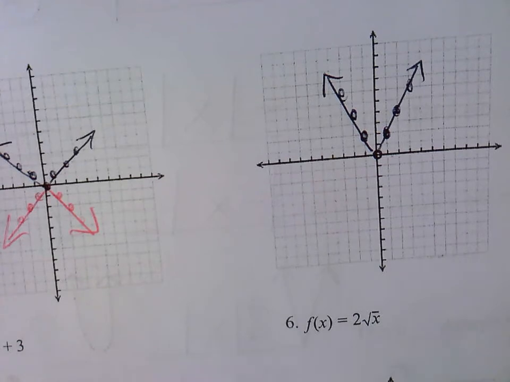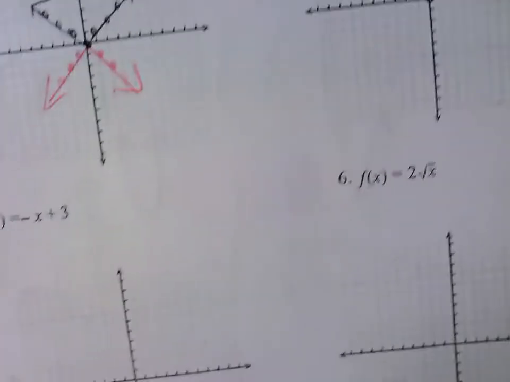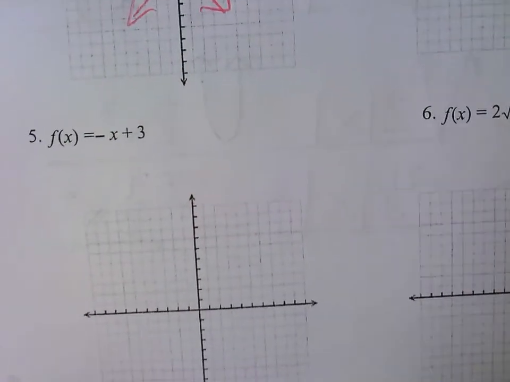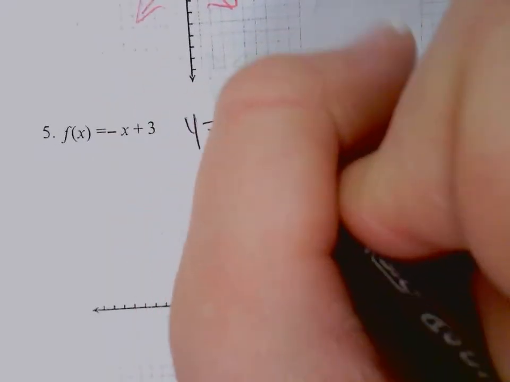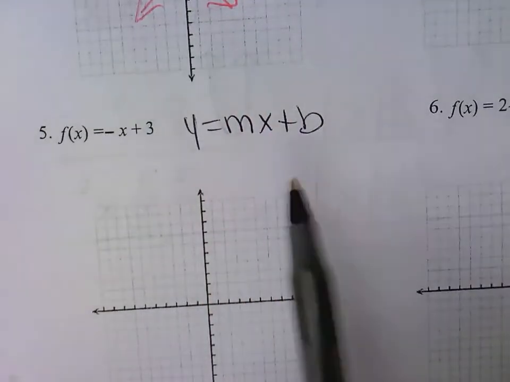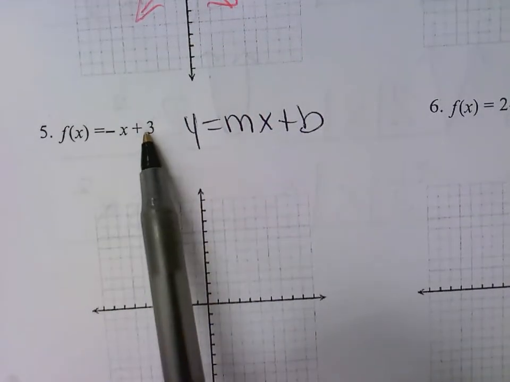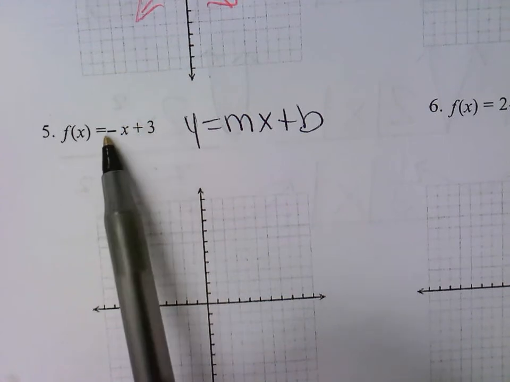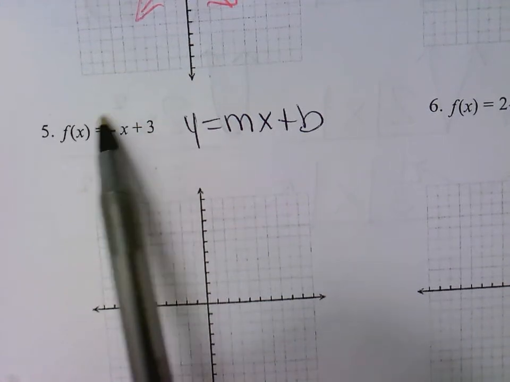Number 5, you should be able to graph. That's just a line, y equals mx plus b. So I don't think of transformation rules with a line. I just think of y equals mx plus b. So I'm drawing a line that has a y-intercept at +3 and a slope of -1, right? Because if there's a negative sign, it's -1 over 1.